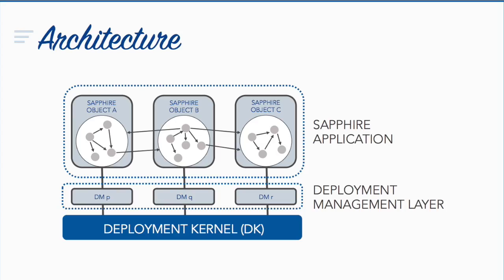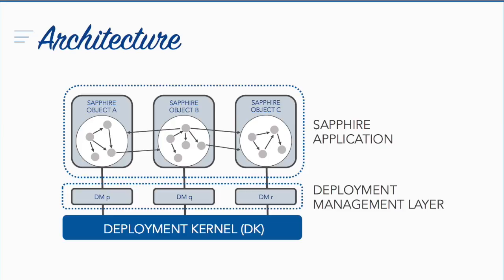So the architecture is broken into three parts. There's the Sapphire application, the deployment management layer, and the deployment kernel. The separation between the deployment kernel and the deployment managers provides significant flexibility and extensibility within the Sapphire platform.